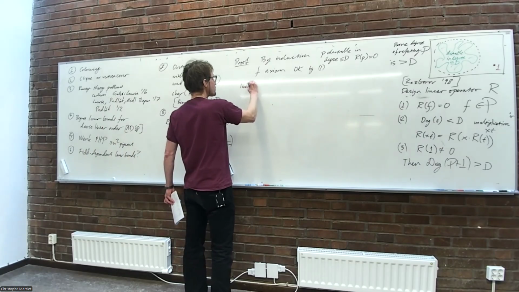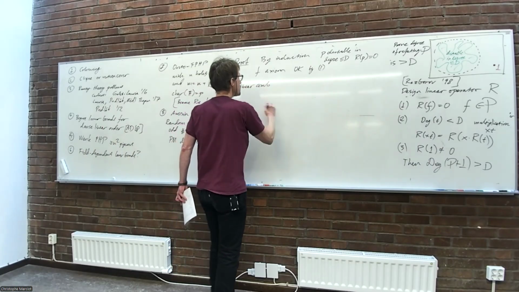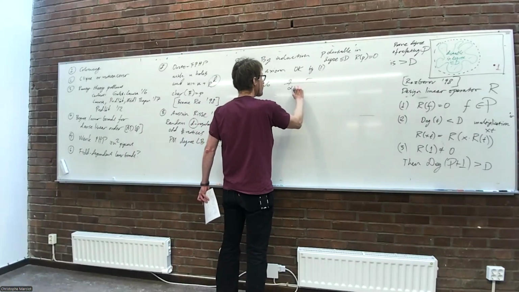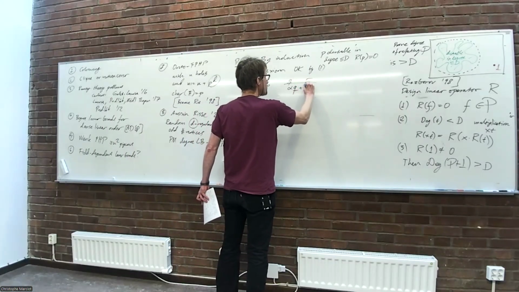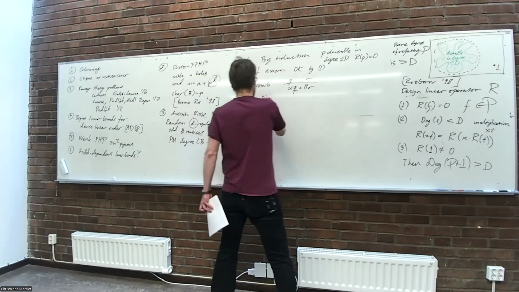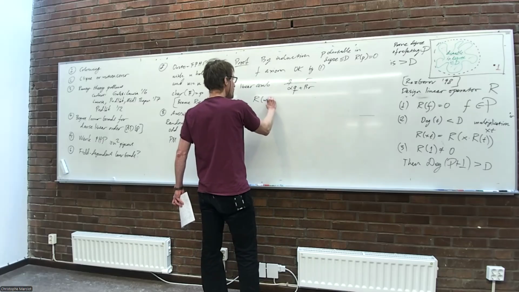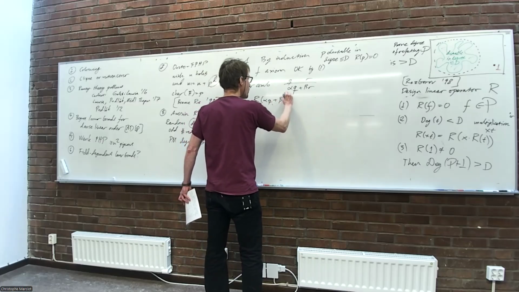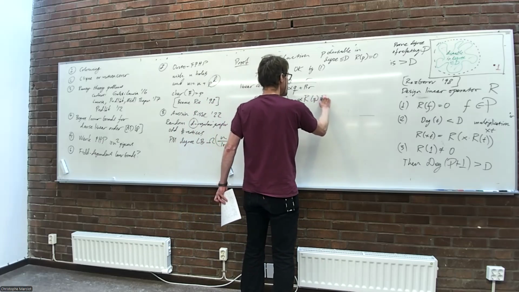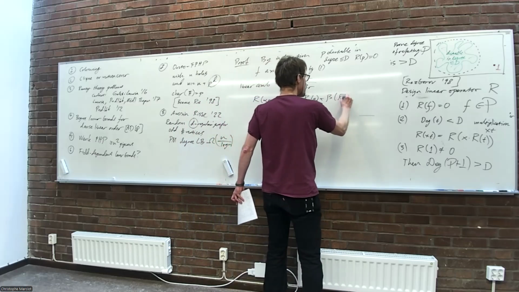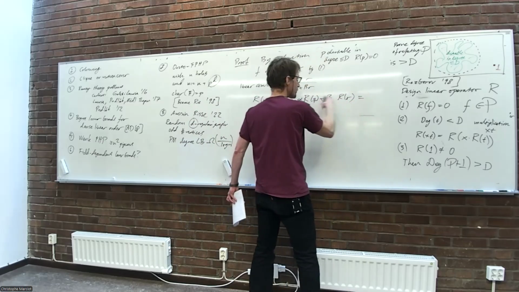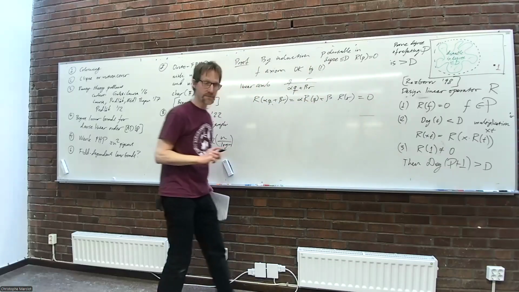Suppose we do linear combination. So we have Q, we have R, and now we derive alpha Q plus beta R. Well, by linearity, R of alpha Q plus beta R is just alpha times R of Q plus beta times R of R, which, I mean, this is 0, so everything is 0.